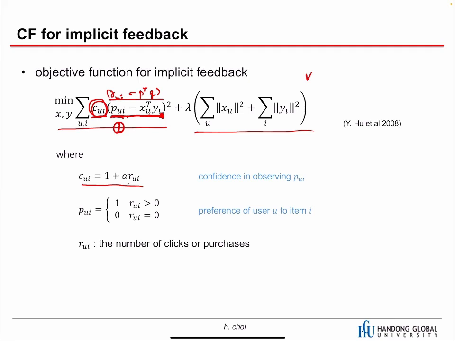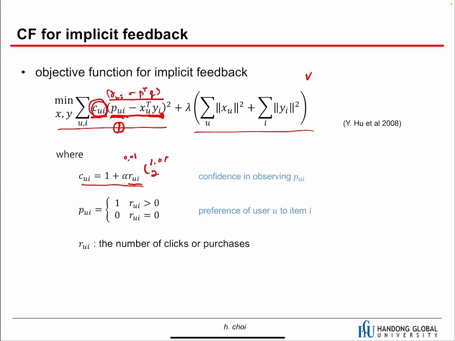Let's say r sub ui is the number of clicks. Then if alpha is 0.01, and the item has just one click, then c_ui will be 1.01. But if the item was clicked like 100 times, then c_ui will be 2.